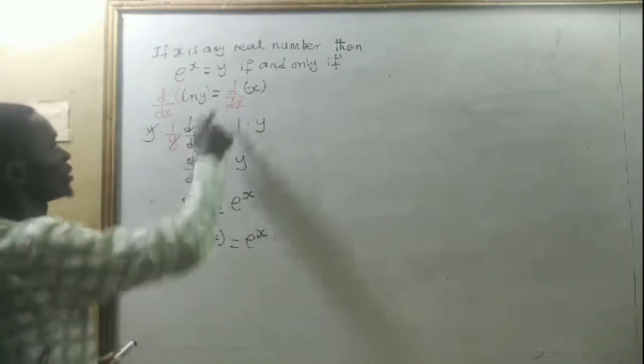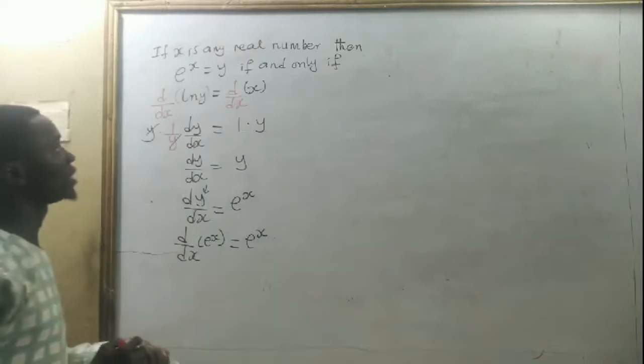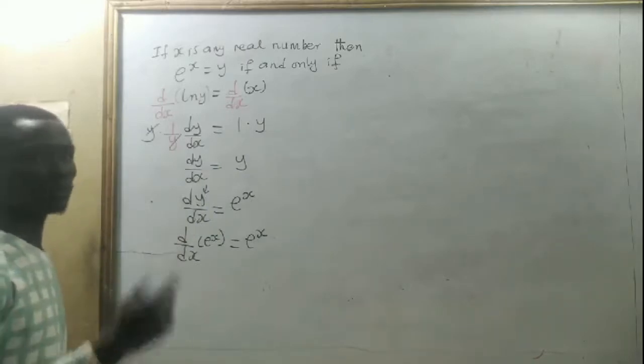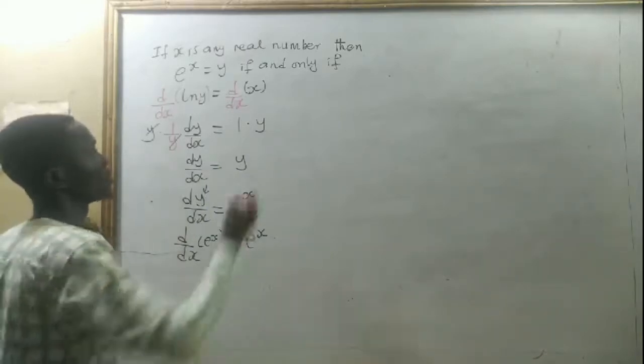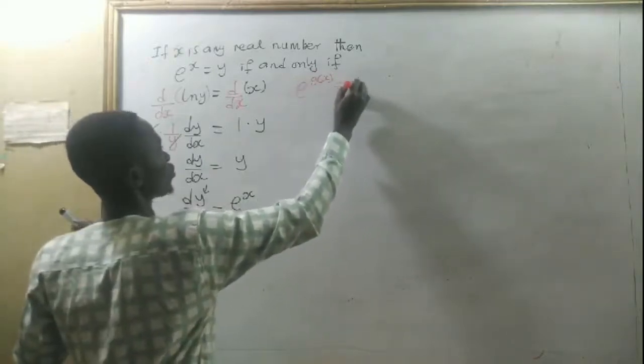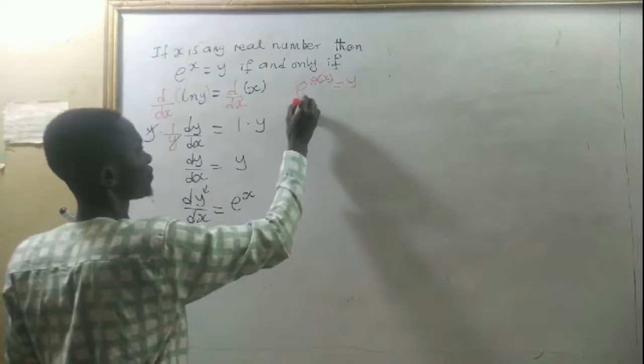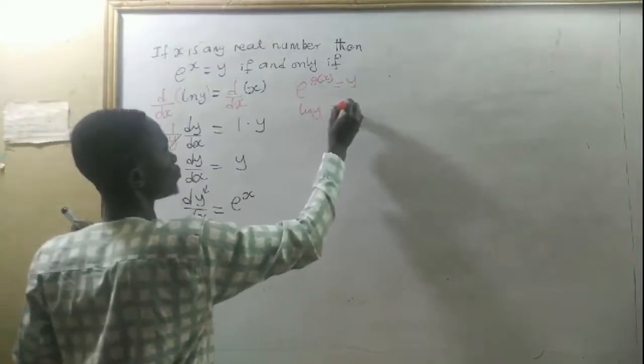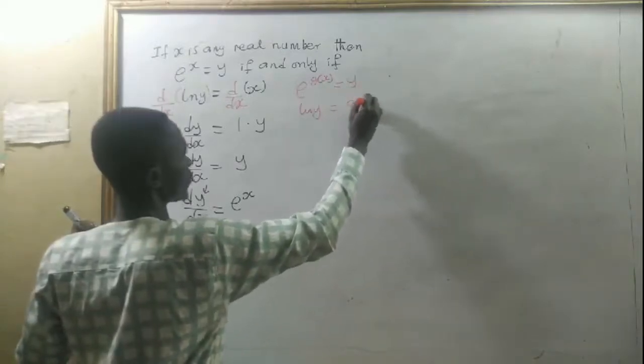Now what about if we take x to be a function? If we have e to the power g of x equal to y, then it means we are going to have ln y equal to g of x.